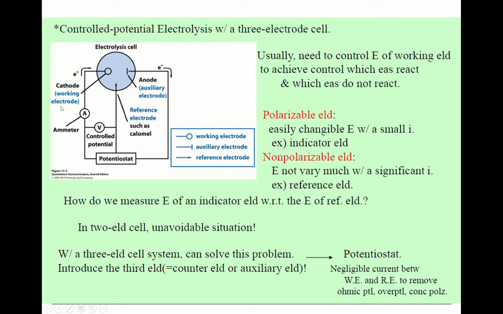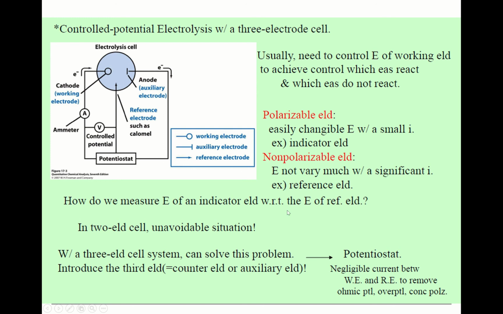That's the characteristic of a working electrode. But for a non-polarizable electrode, the potential is constant regardless of current. The potential does not vary much with a significant current. The reference electrode is a non-polarizable electrode.